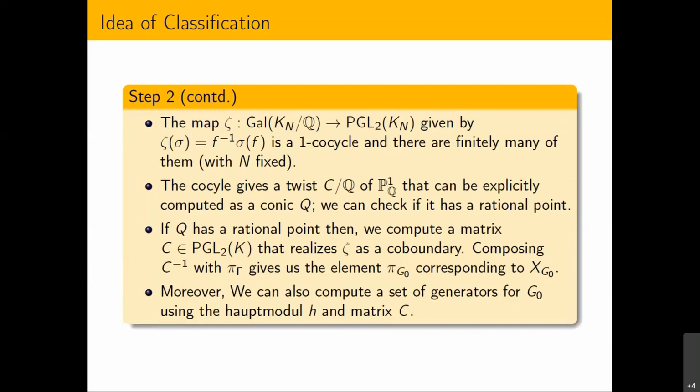If it has a rational point, then I know my curve X_G0 is P1 of Q. Great. Then I compute a matrix that realizes this cocycle as a coboundary, and composing that with π_Γ gives me the map π_G0 corresponding to that.